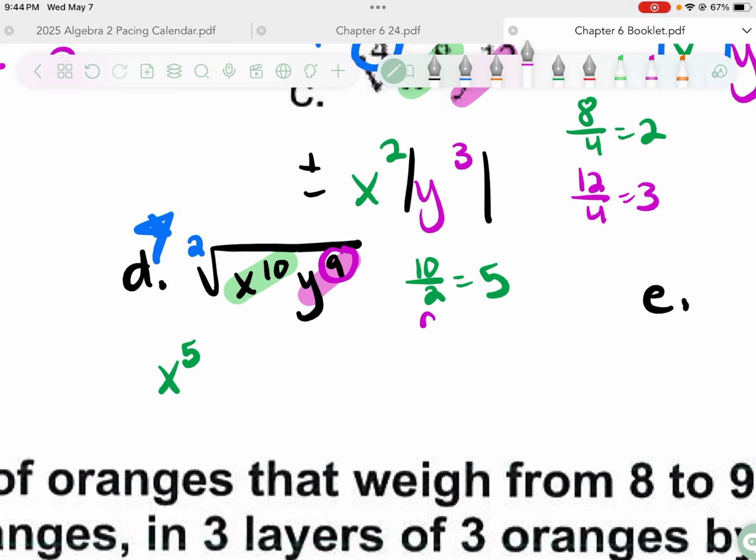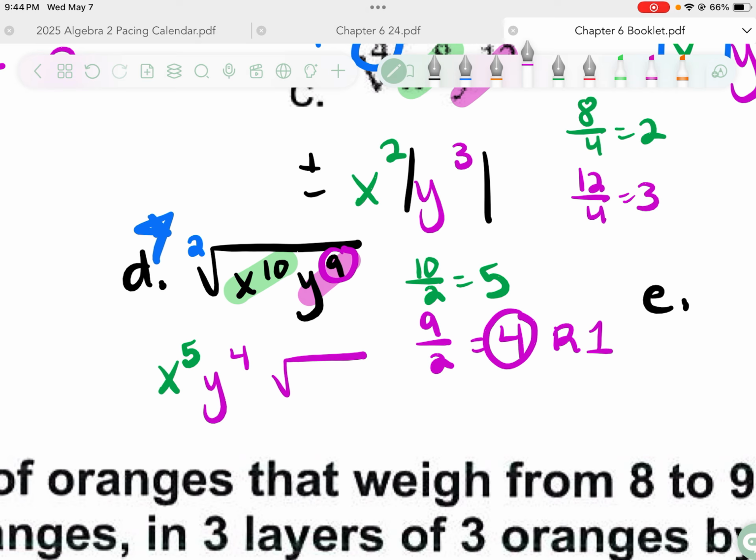For the y, though, 9 divided by 2, well, that gives me 4, right? 2 goes into 9 4 whole times, but I have a remainder of 1. So what happens, guys, is we write the y to the 4th on the outside, but then the remainder stays inside the square root. So because it's a remainder of 1, it's y to the 1st.